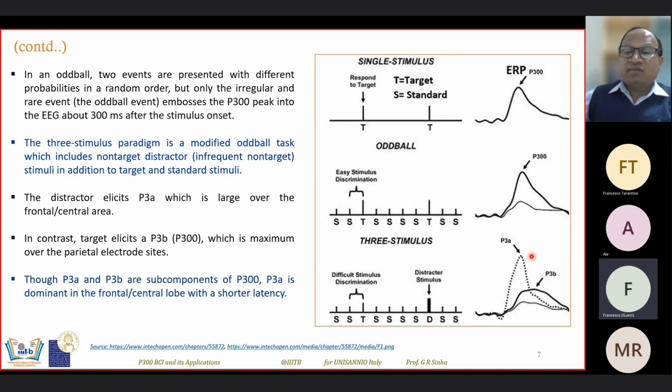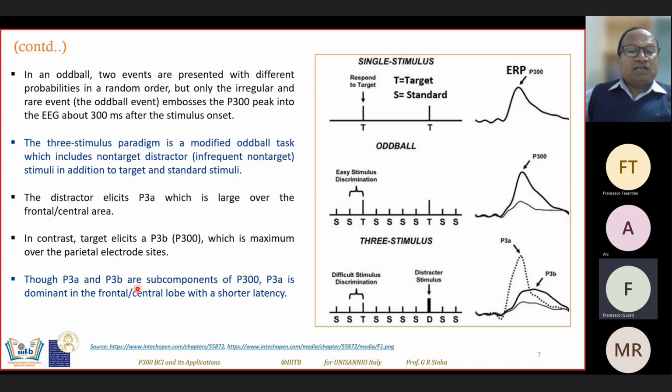Look at here. It is similar to P300, isn't it? Which is very large over the frontal and central area, not the parietal area. Remember, the distractor, which is not actually the target, will produce impression from the frontal and central area. Similarly, there is one more, that is P3B, which is maximum over the parietal electrode sites.